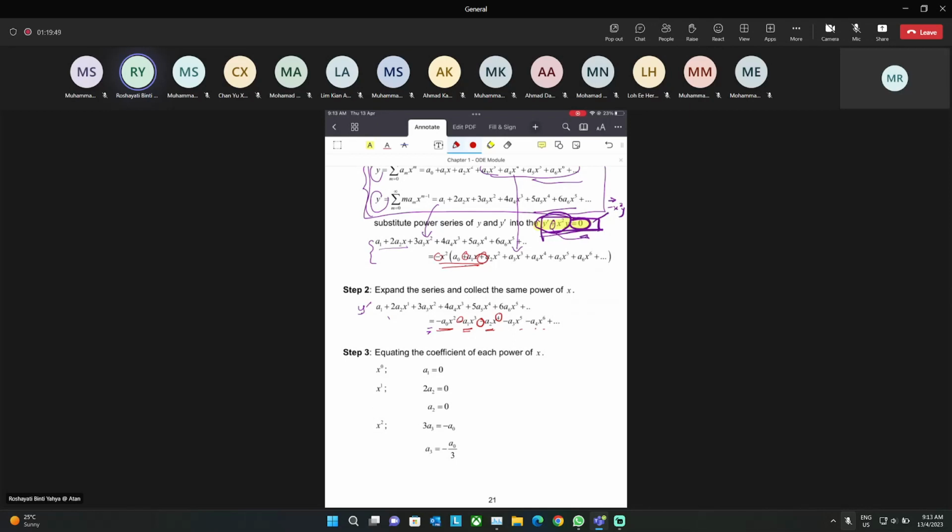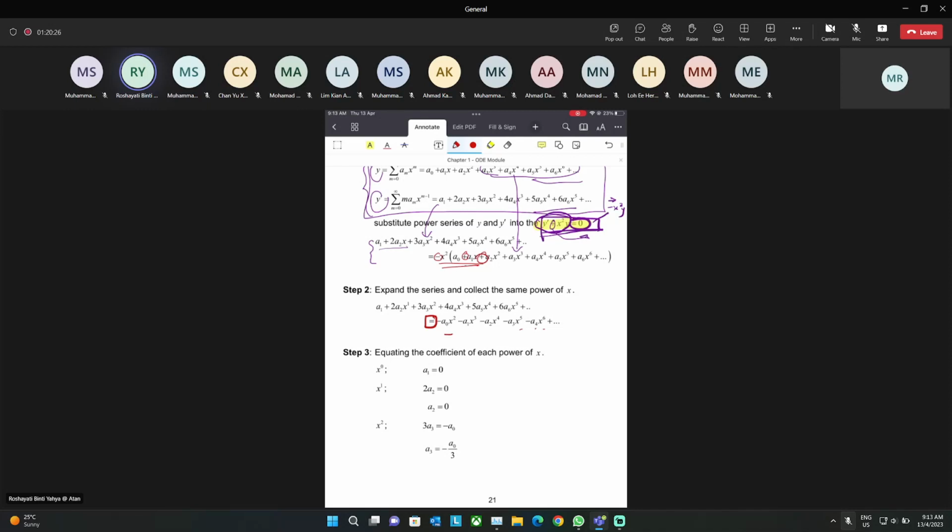Equating coefficient for each power of x. So it starts from x0. Look at your left hand side. So based on this is equal to, make sure this is not a skill, this is how to help you lessen your mistake.